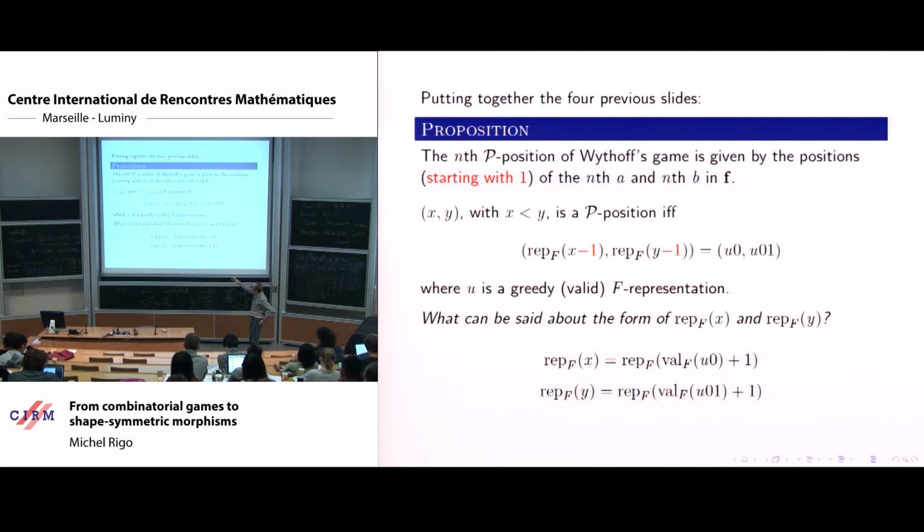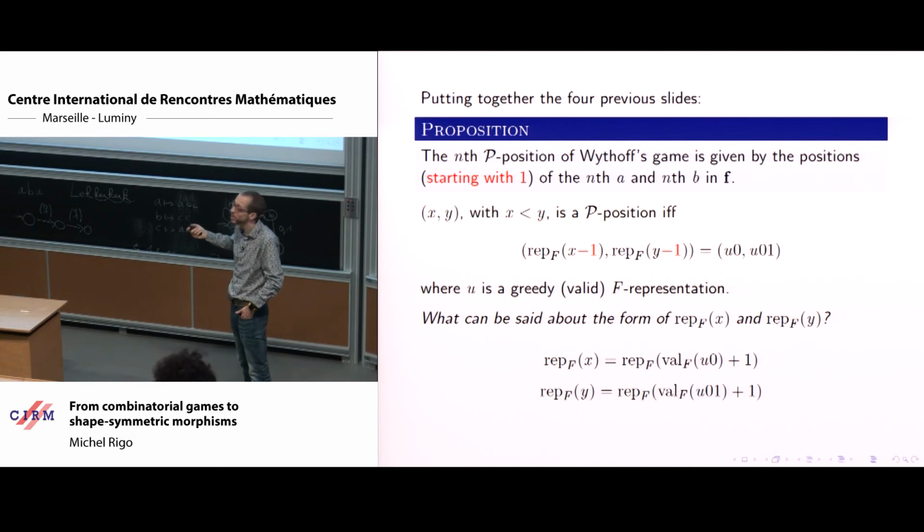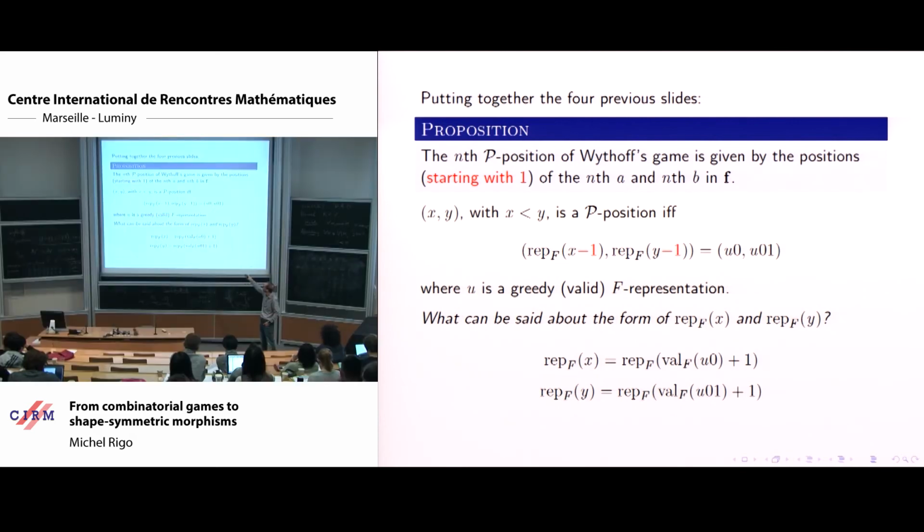And so if I consider a position with x less than y, just because I can do the symmetry just like usual, I say that xy is a P position if the representation of, unfortunately not x, but x minus 1 and y minus 1, is of the kind u0 and u01, right? I just add a 1 here because I know that the nth B is coming from the nth A. This is why I have a 1 here.